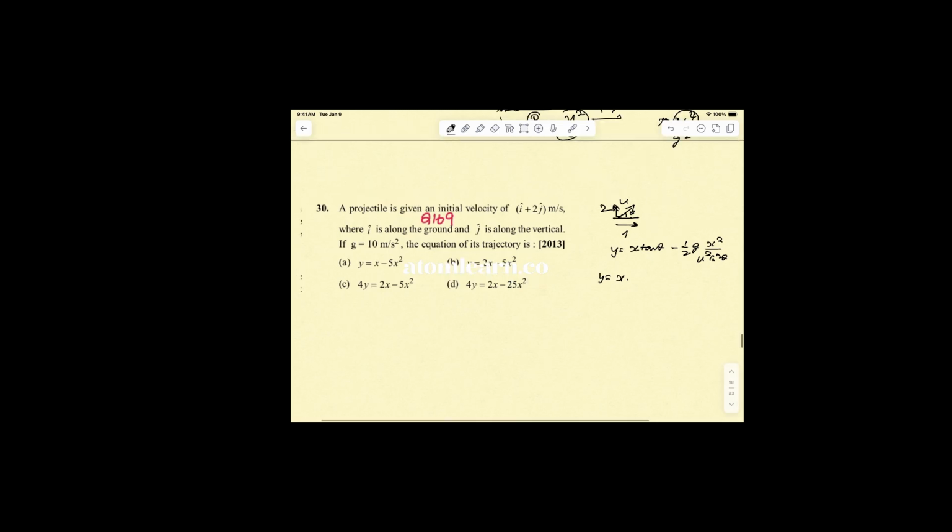This is 1, this is 2, therefore tan theta equals 2 by 1, which is 2, minus half g which is 5, into x squared by the horizontal velocity u cos theta, which is 1, so 1 squared is 1. Therefore, y equal to 2x minus 5x squared is the equation. Understood?